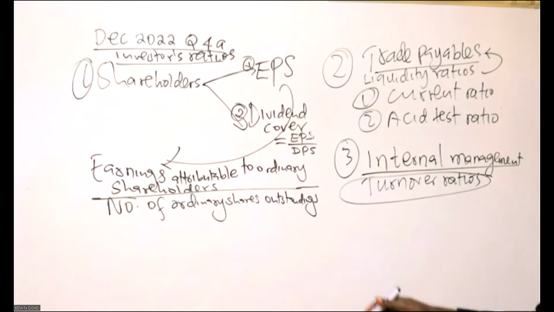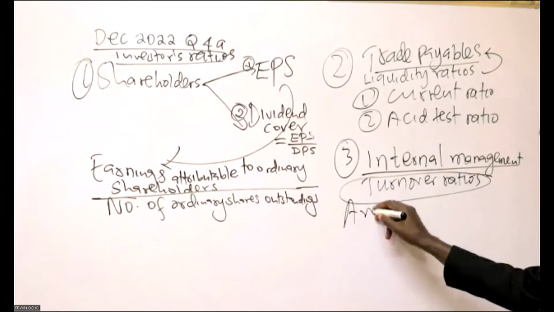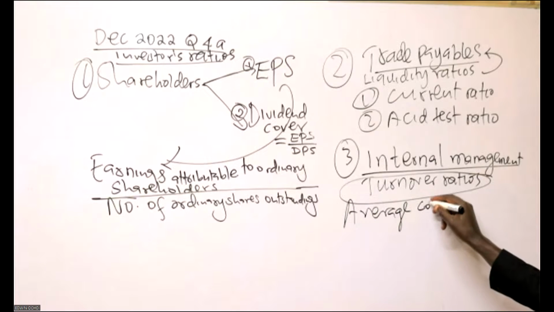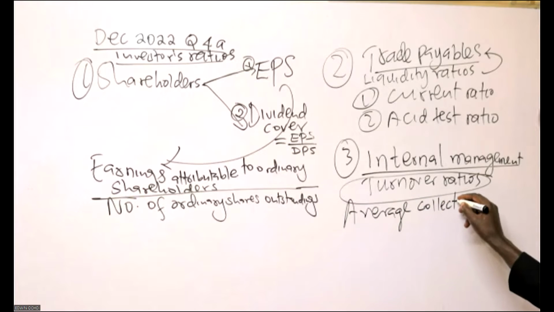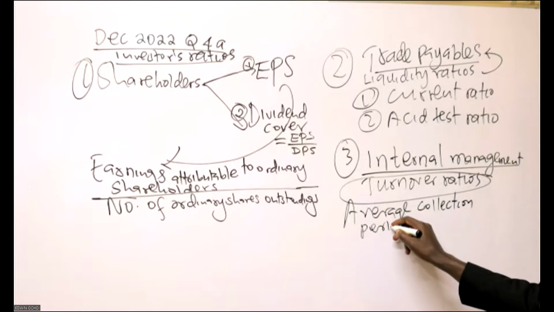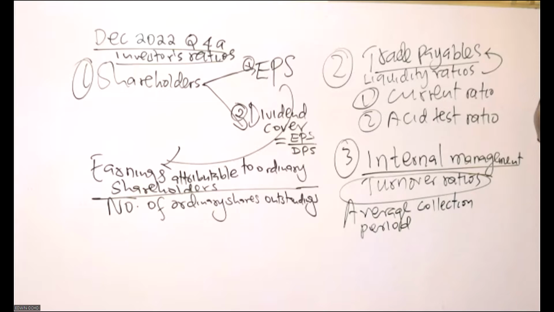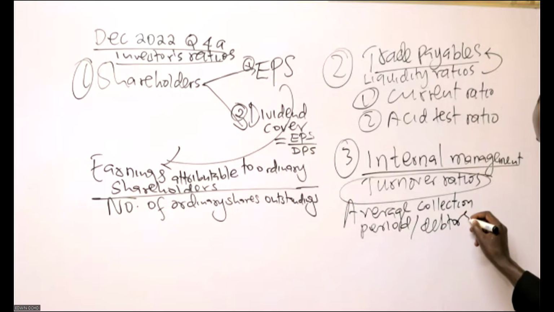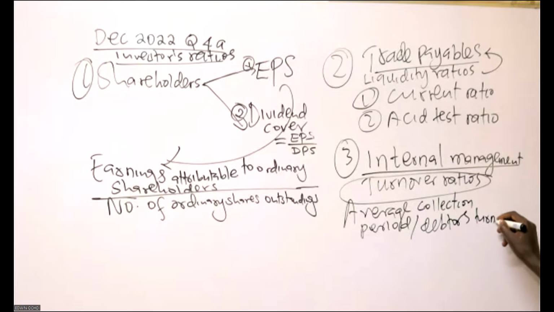So in short, do the average collection period, that is average debtors collection period, or we call it debtors turnover in days.